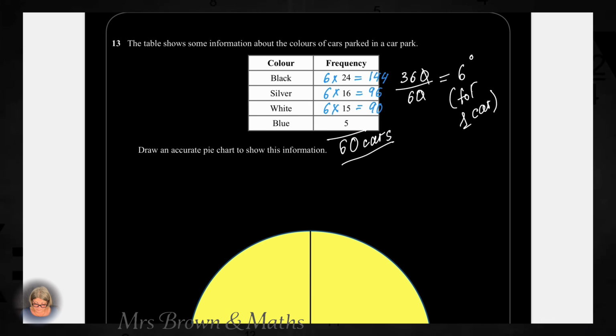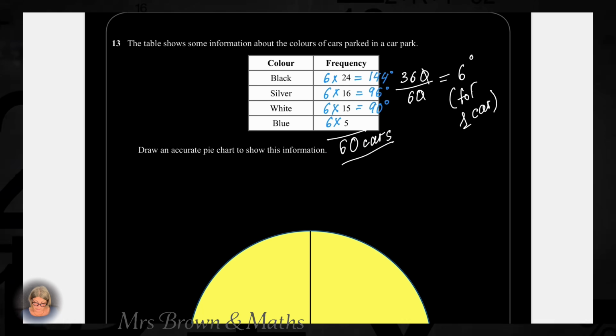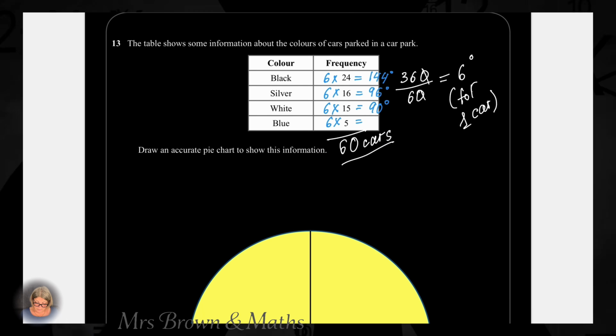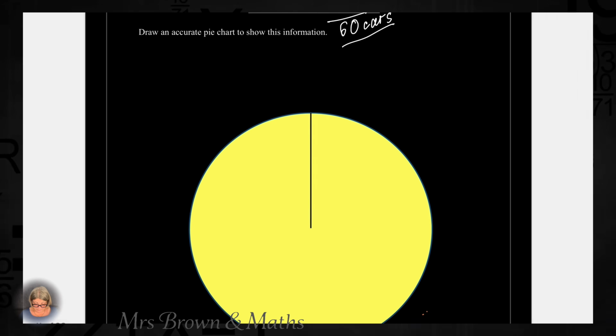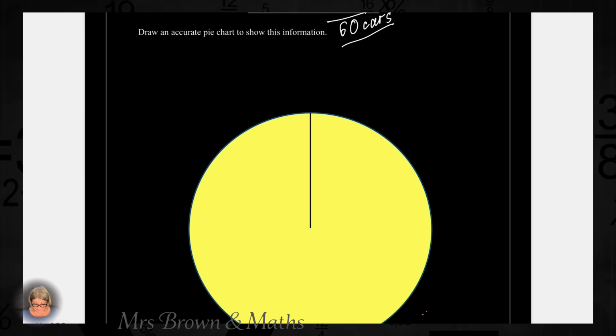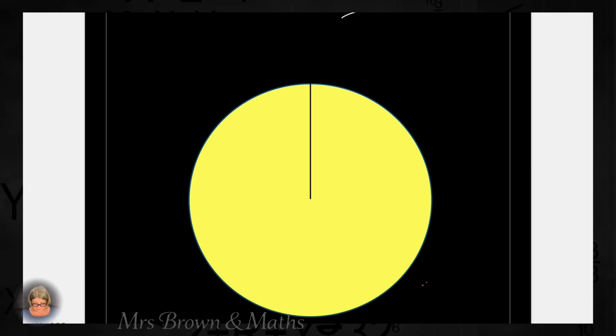Yes, degrees. And 6 times 5, let me do it in my head, will be 30 degrees. Right, because I don't have a protractor on my iPad, I will add a video a bit later.